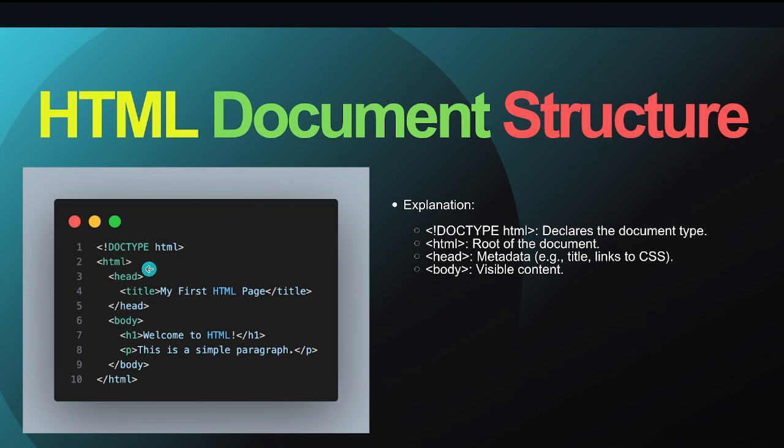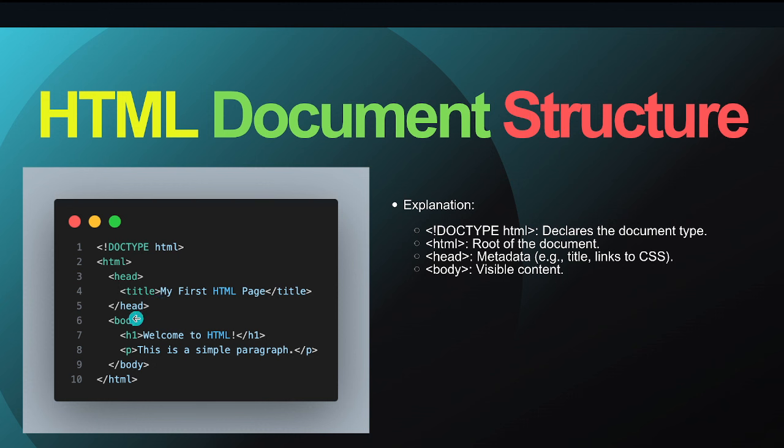Then we wrap our head and body in html, which is the root of the document. As we have seen in the tree-like structure, the parent, root component is html. Then we have a head, and in the head we have a title.